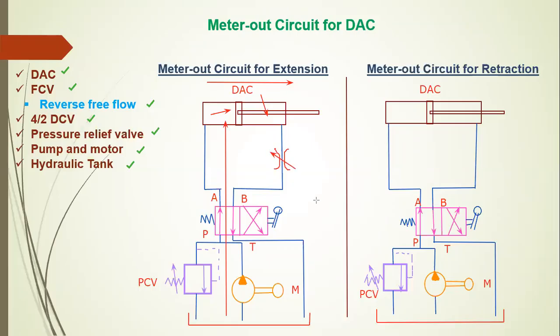This arrow direction is mentioned as a variable FCV. Give one reverse free flow condition.